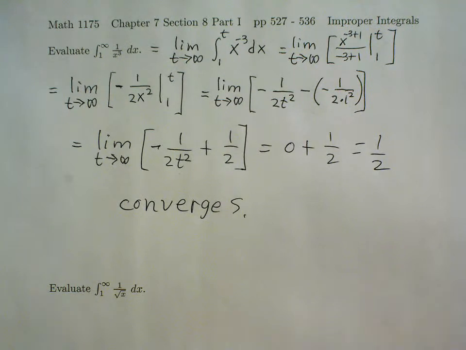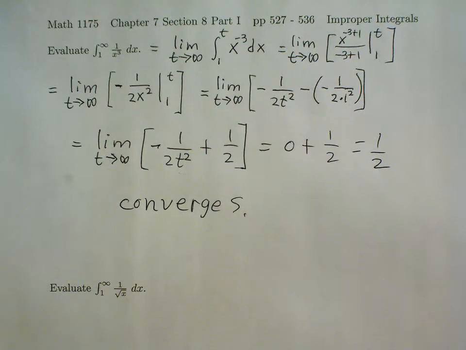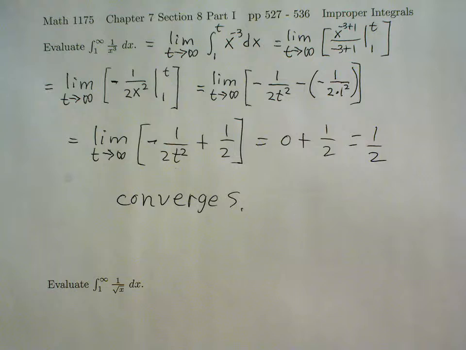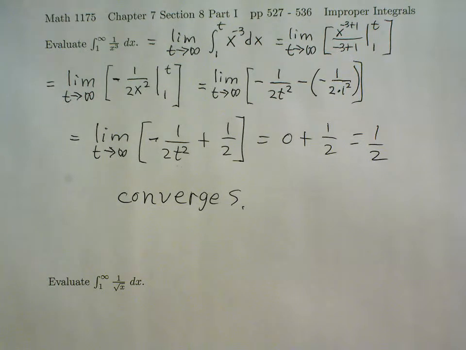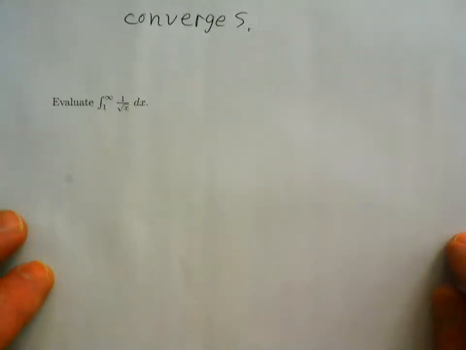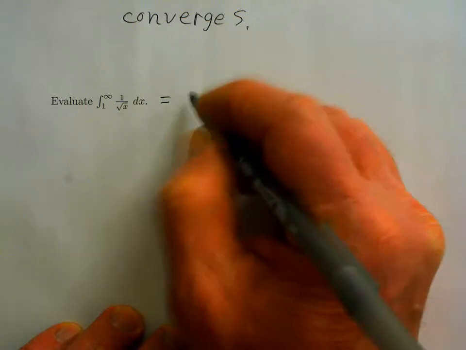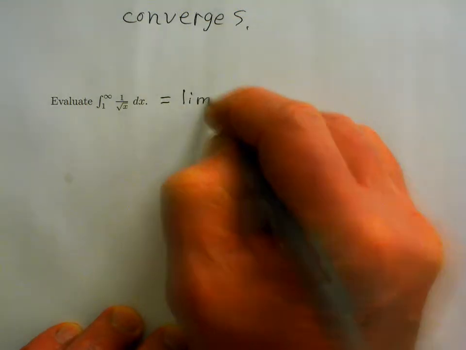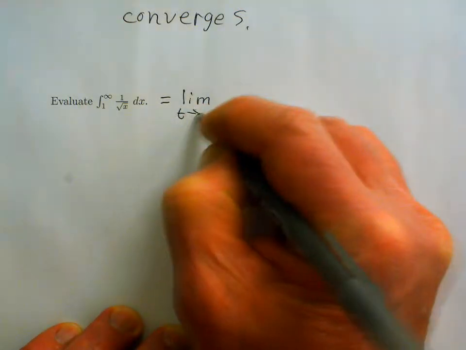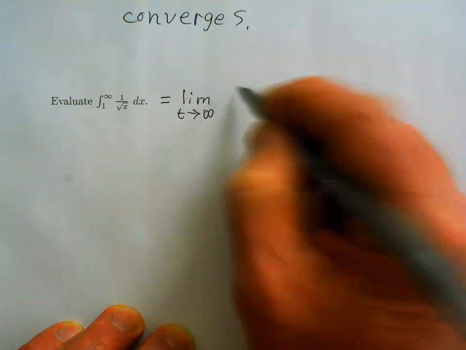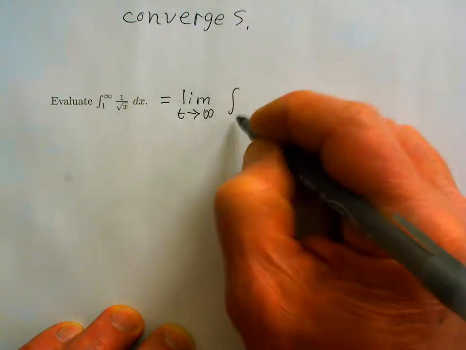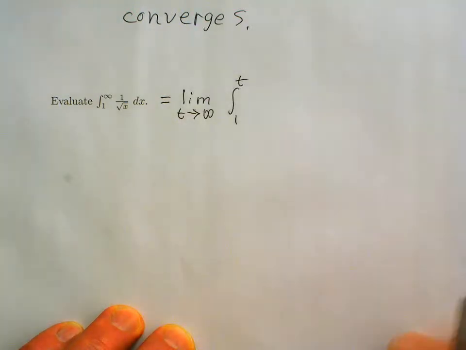Okay, the next one, evaluate the improper integral of 1 over the square root of x from 1 to infinity. So let's rewrite this as the limit as t approaches infinity of the definite integral from 1 to t.